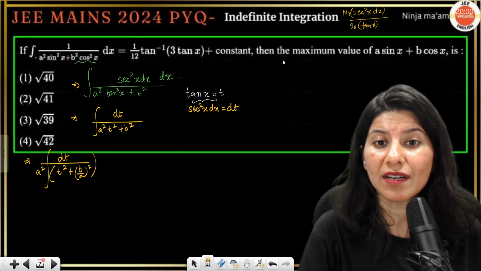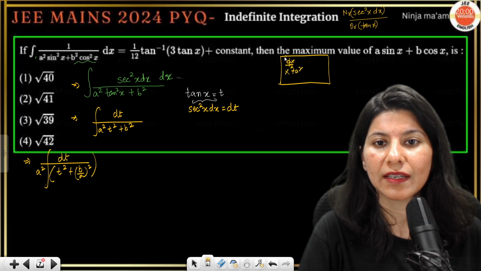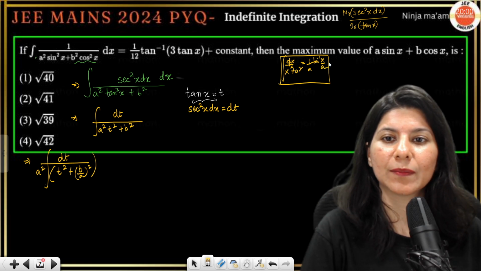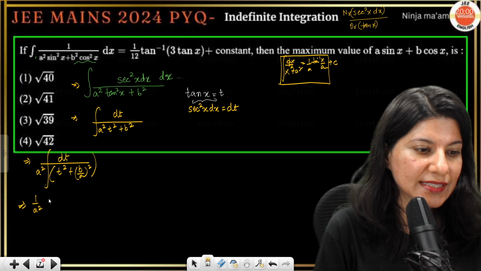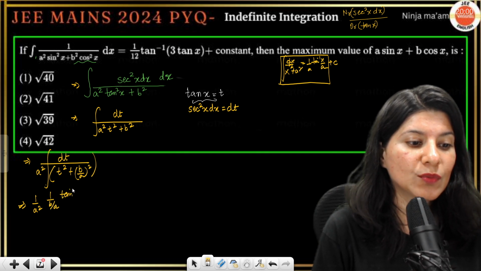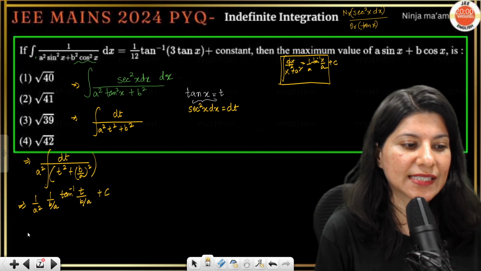Now you know the formula. Let me write it down for you. Integral of 1 upon x square plus a square dx is 1 upon a tan inverse x by a plus constant. So this is going to become 1 upon a square as it is, times 1 upon b by a, tan inverse t upon b by a, plus c.